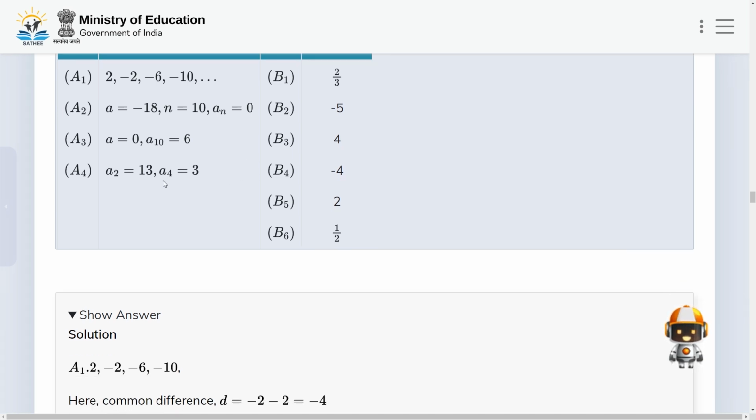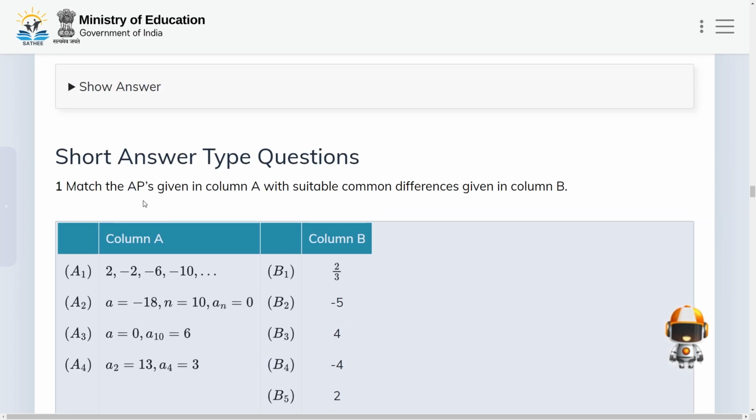And now go to A4. In A4 we are given the second term and the fourth term. Here a2 is equal to 13, and a4 is equal to 3. Let us check the common difference of this given AP.